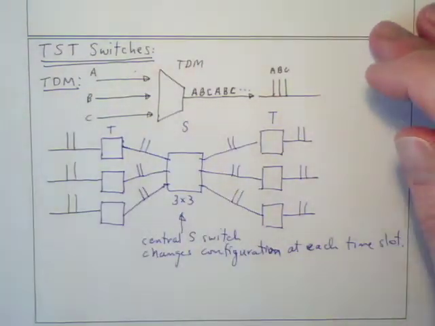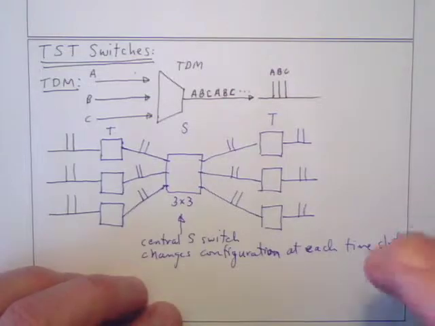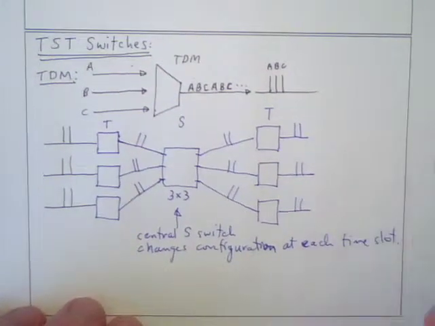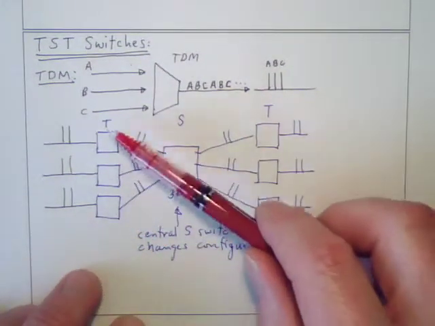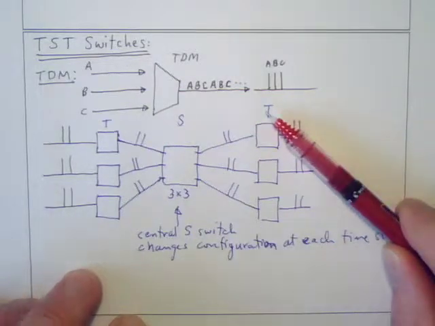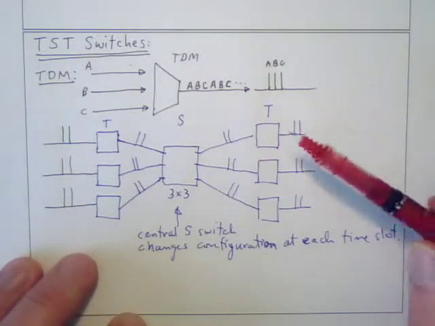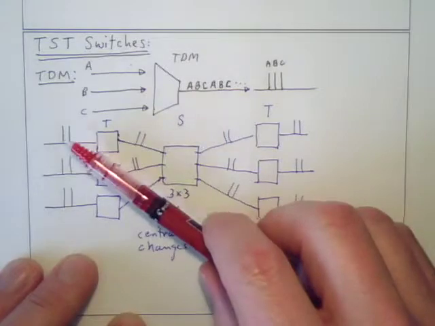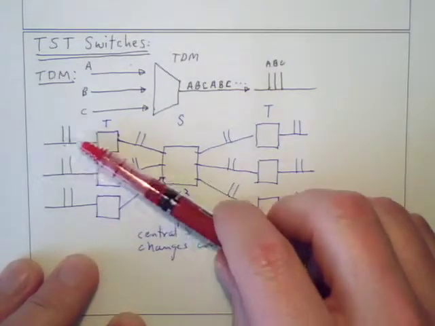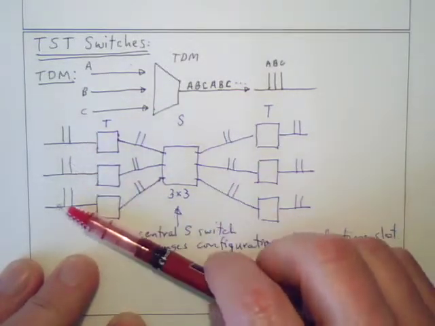Now I want to show you the picture of the switch, which is a TST fabric. It has three stages. In this example, we're taking three different lines, each with just two time slots for simplicity.